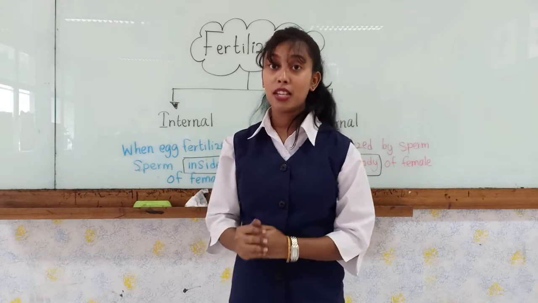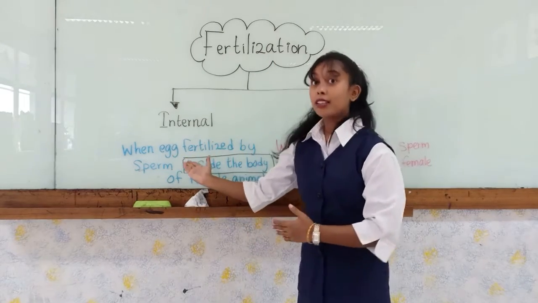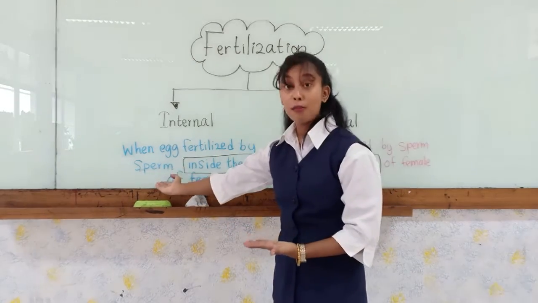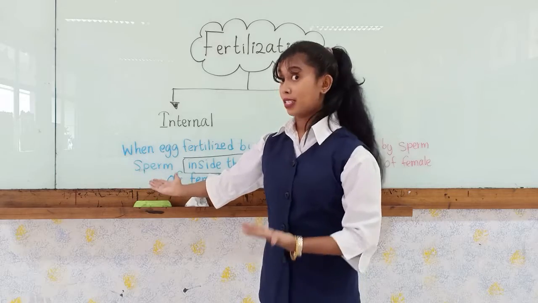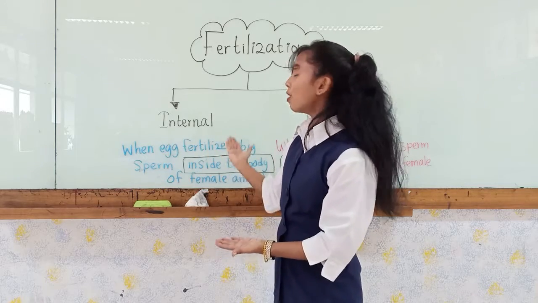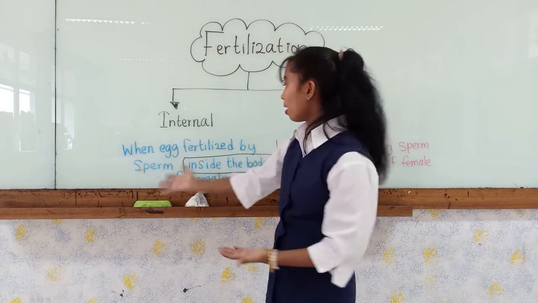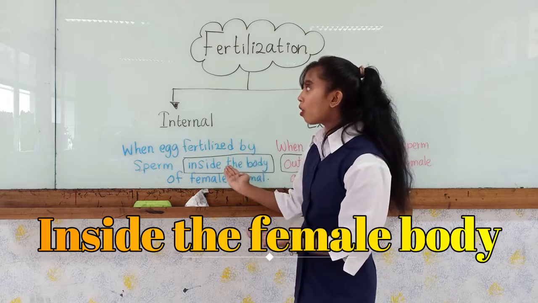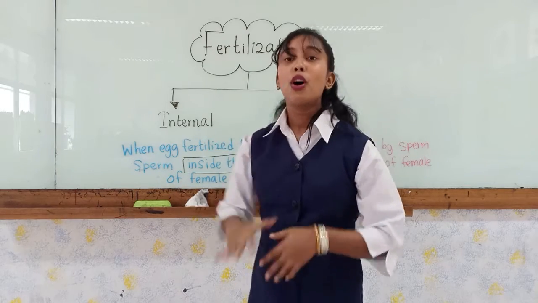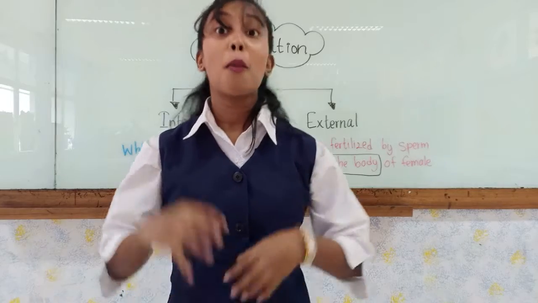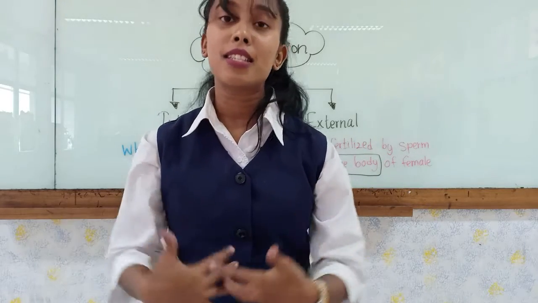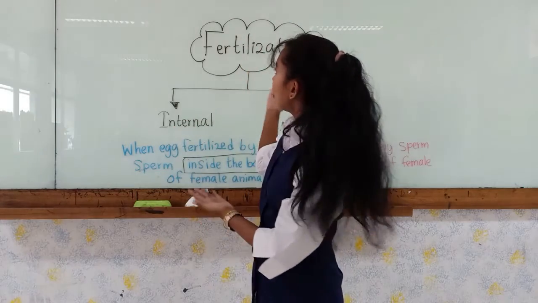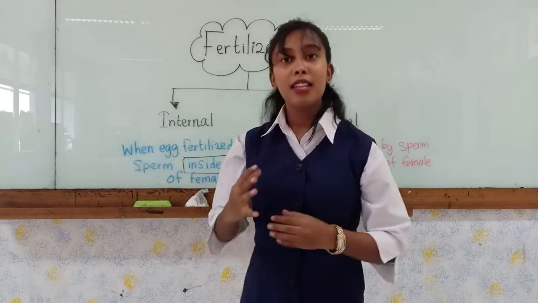Internal fertilization is when the egg, the female sex cell, is fertilized by sperm, the male sex cell, inside the body of the female animal. This fertilization process happens inside the female animal. We call it internal fertilization.